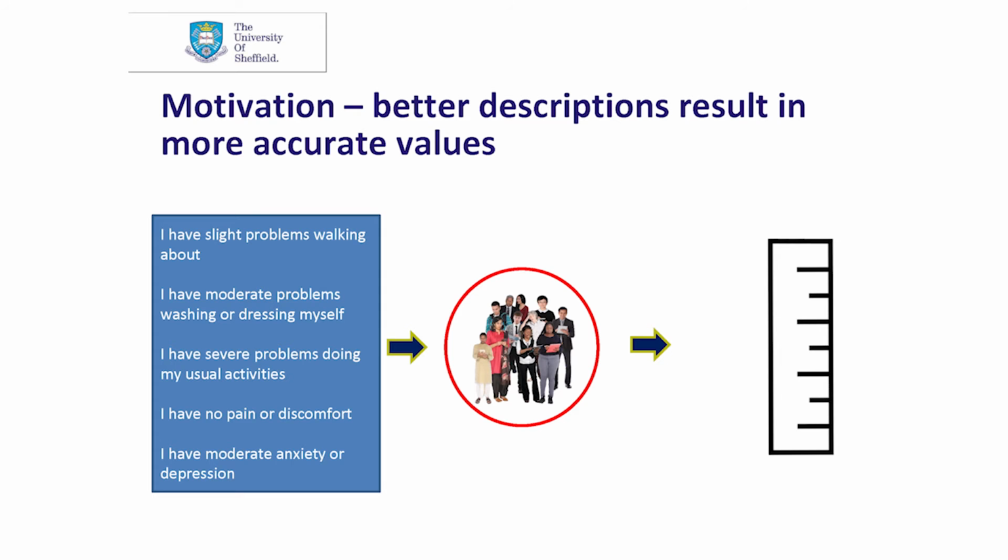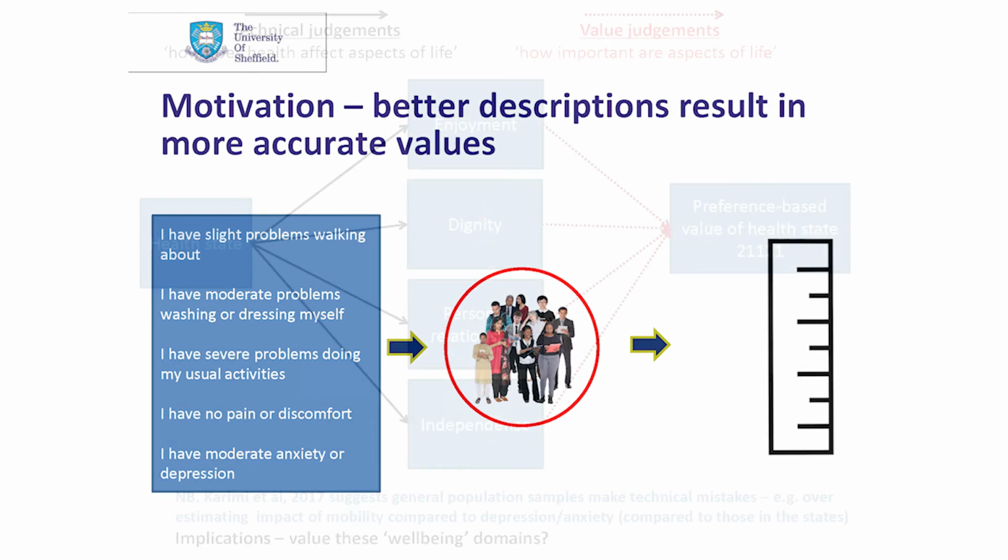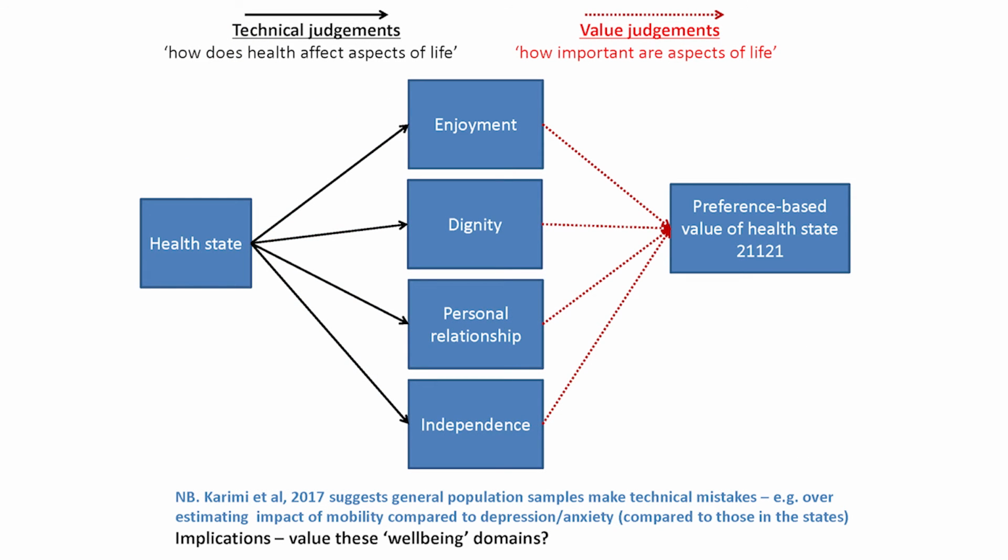Now, to do that, essentially there are two stages. Milad Karimi undertook a study some time ago where he did qualitative work asking people what they thought about when they were doing these kinds of valuations.